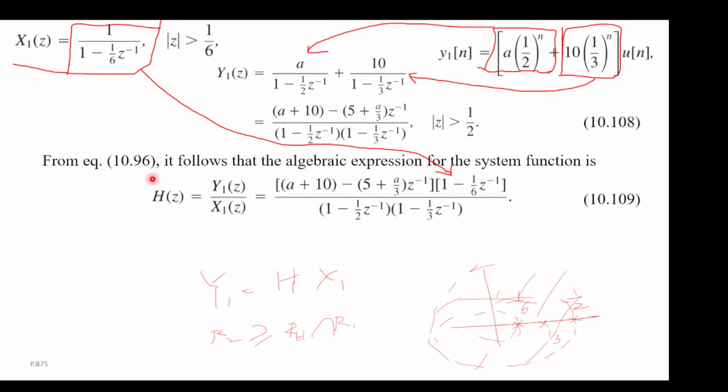But we know y1 equals h convolved with x1, so big Y should equal big H times big X, and so big H should equal big Y divided by big X. The algebraic expression is very complicated, but dividing by big X, you get this thing times 1 minus 1/6 z^-1.